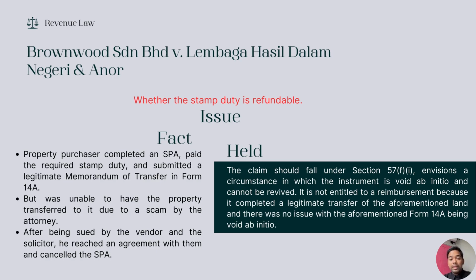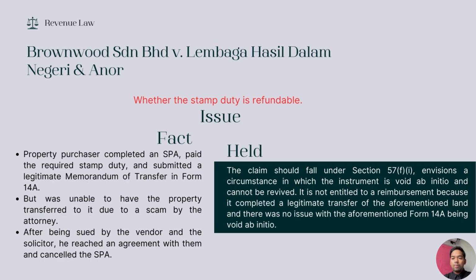It was held that the claim falls under section 57F, which envisions circumstances in which the instrument is void ab initio and cannot be revived. It is not entitled to a reimbursement because it was a complete, legitimate transfer of the aforementioned land, and there was no issue with the aforementioned Form 14A being void ab initio.